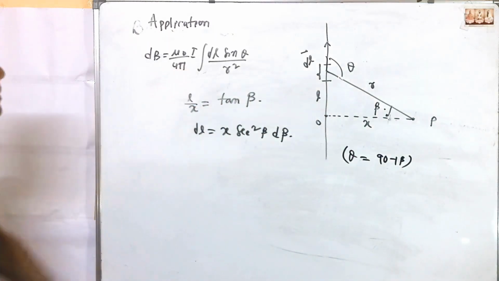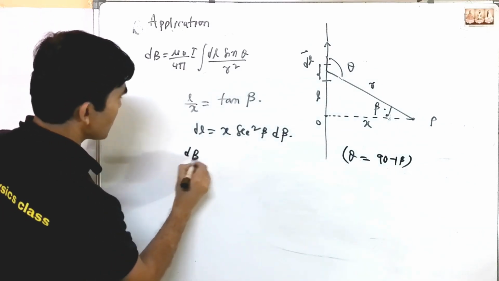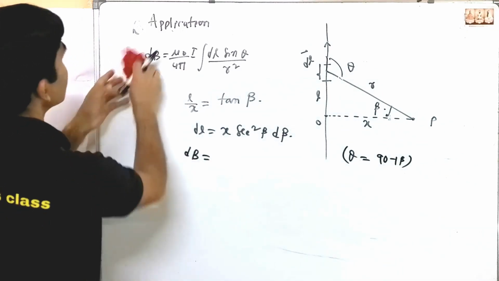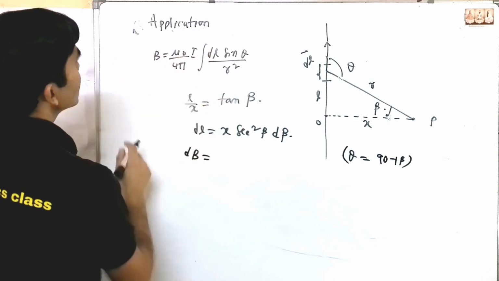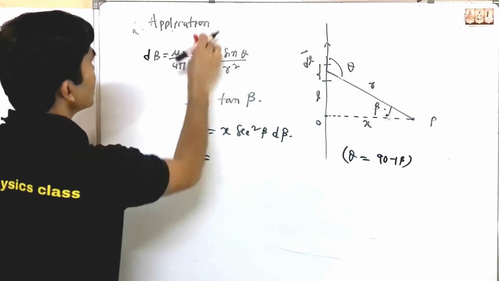Now from here, B equals the total integration, and dB equals, there will not be an integration sign.